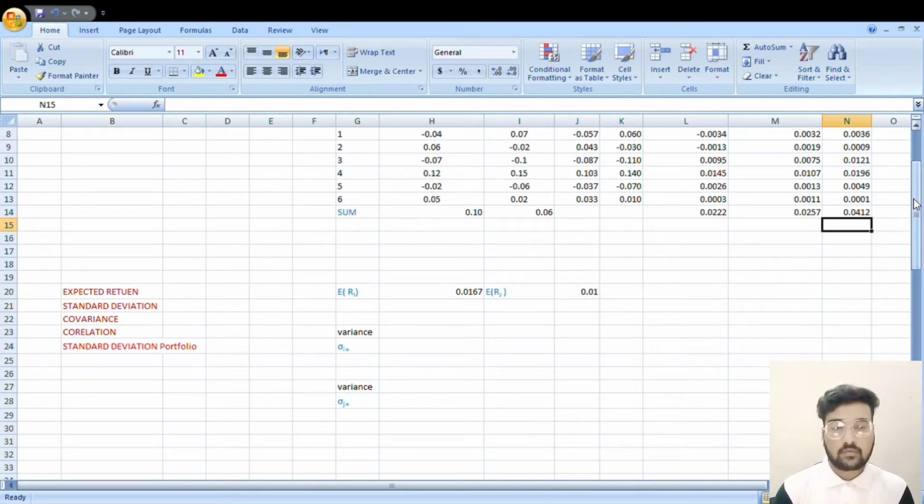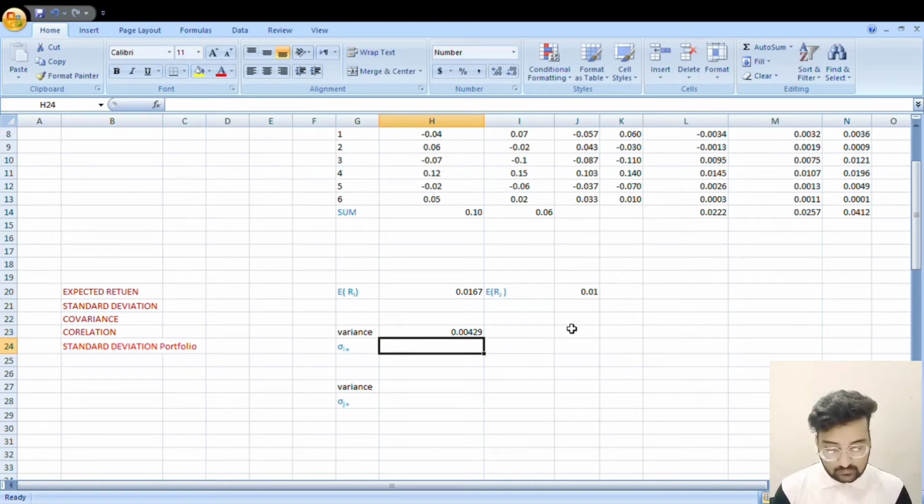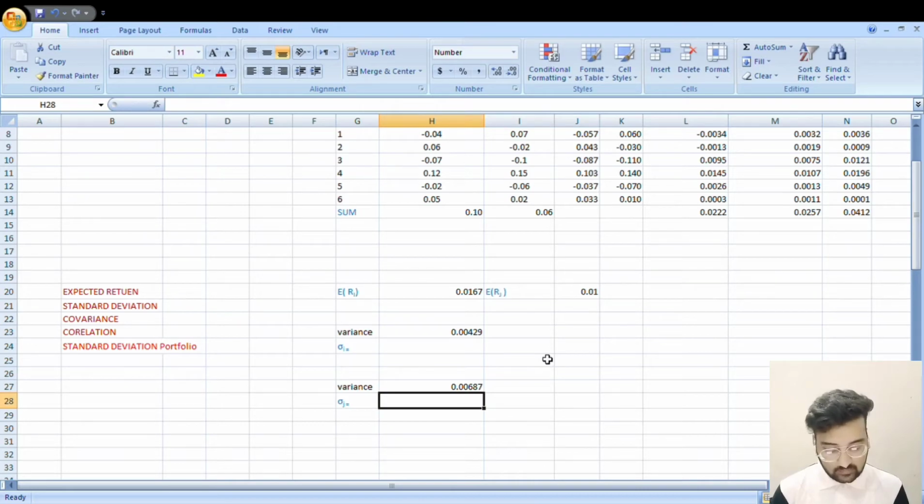Now we have to find the variance of the Medicine Software Company and the Scaling Electric Company. To find the variance, type equal sign and the sum of actual minus expected return whole square divided by the total number of periods, which is 6. We do the same step for the second company: equal sign, select the sum value and divide it by the total number of periods, 6.